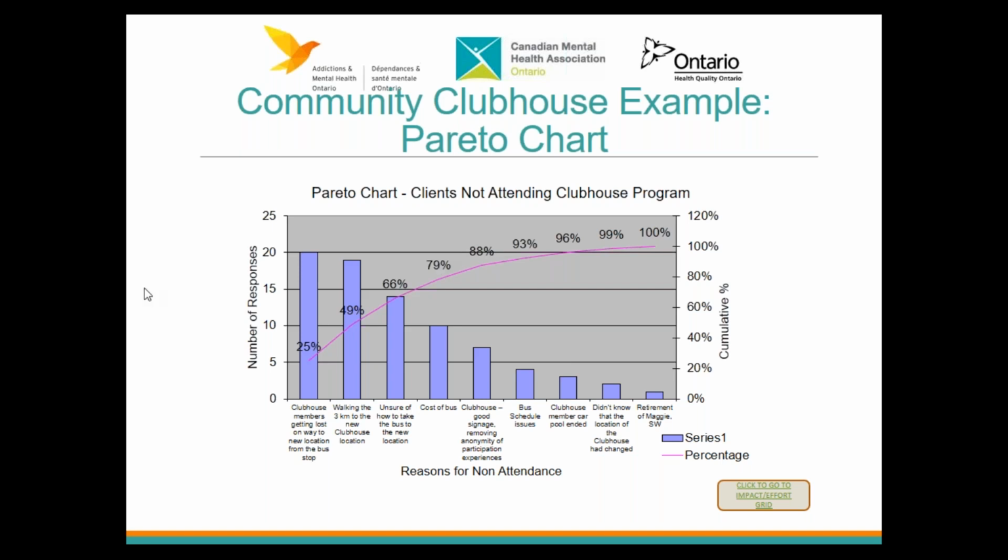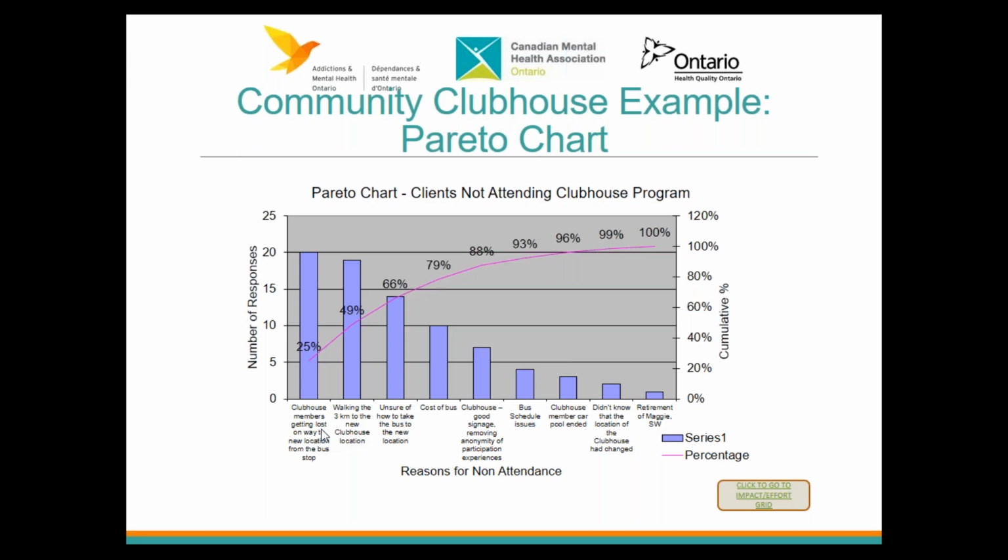And so what you'll see here is all of those root causes. And in this case, the example that we're looking at is clients not attending a Clubhouse program. And so we have all of the causes arranged along the bottom for why folks are not attending our Clubhouse program. And we arrange them from the greatest down to the least.